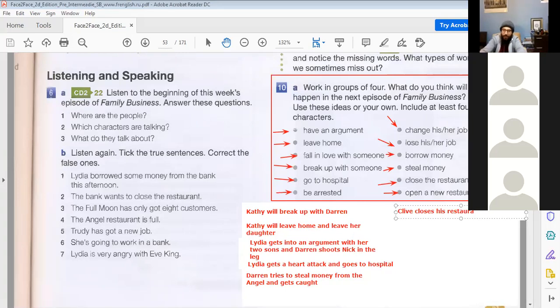So he closes the restaurant and gets a new job. What does he become? What do you think he'll become? A taxi driver?